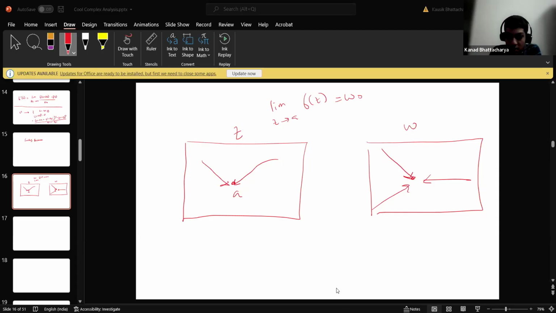Nikhil, let me check the chat. It's kind of difficult at first when you're trying to wrap your head around a 2D behavior, because you can send z to the point a in multiple ways, from the right, from the left, from all directions. I'm not giving the full rigorous definition, although I could.